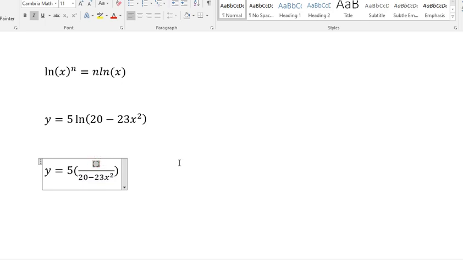And then the top is the derivative of the bottom. So derivative of 20 is 0. The derivative of negative 23x squared will be negative 46x. Okay. And you're not really accomplishing anything by simplifying on these, so let's just type it in just like that.